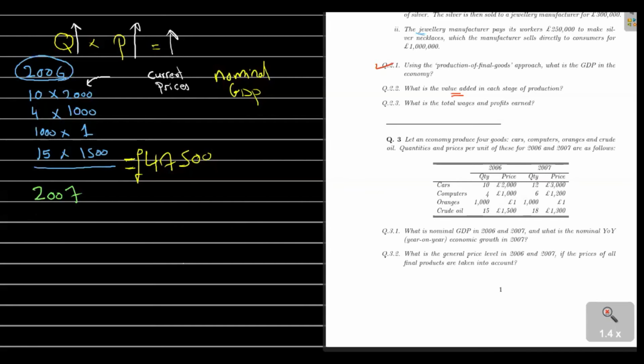So we have 12 cars times 3,000 each, plus we have 6 computers times 1,200, plus we have 1,000 oranges times 1 pound, and then 18 times 1,300.